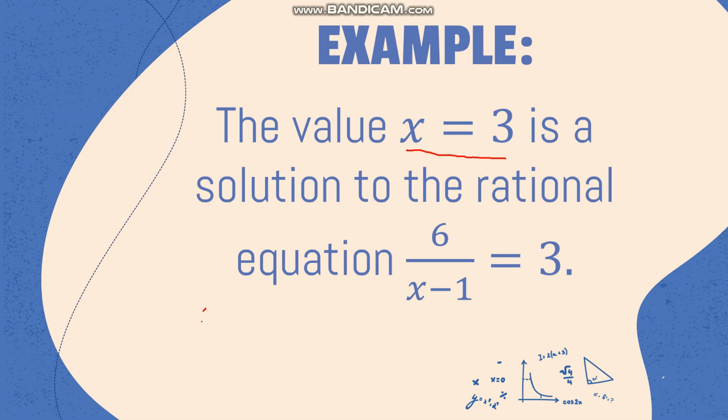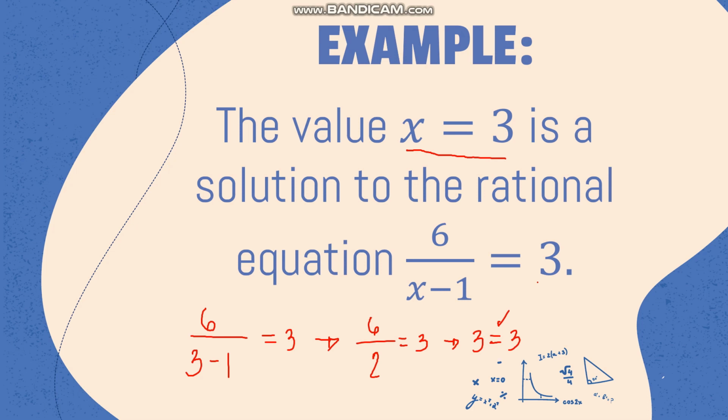Let's try: 6 over 3 minus 1 equals 3. This becomes 6 over 2 equals 3. So we now have 3 equals 3. That means the value x equals 3 is a solution, or what we call a root, of the given rational equation.